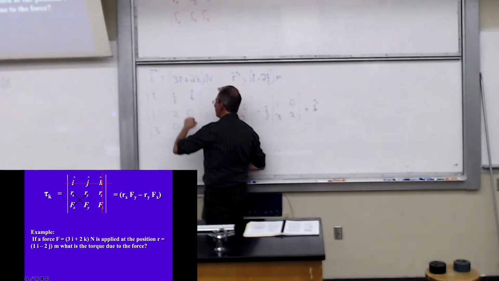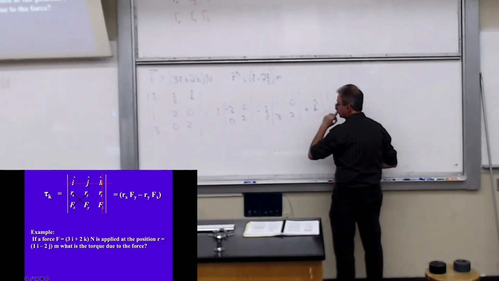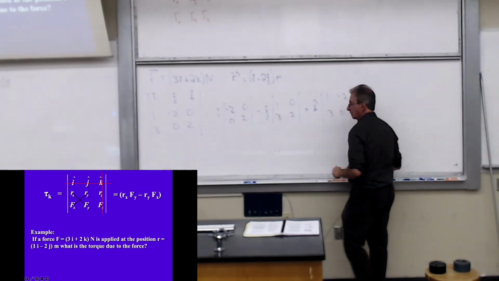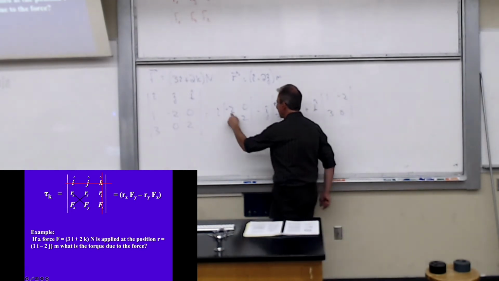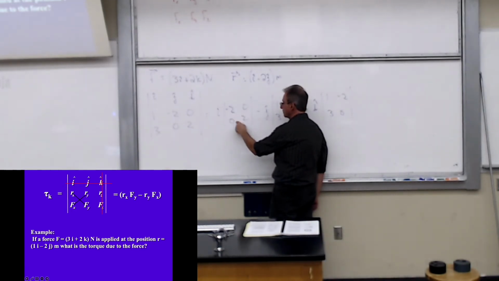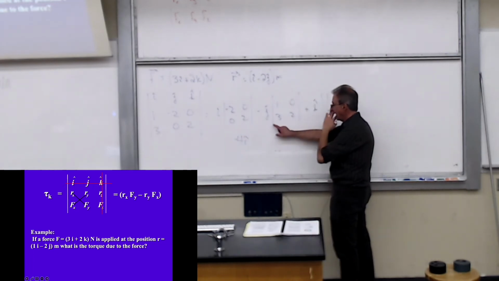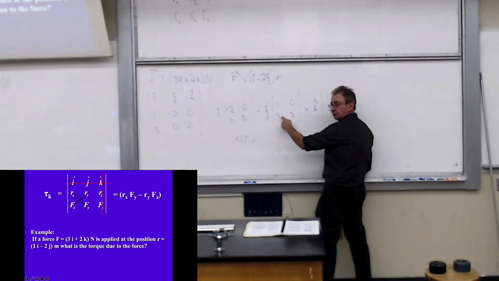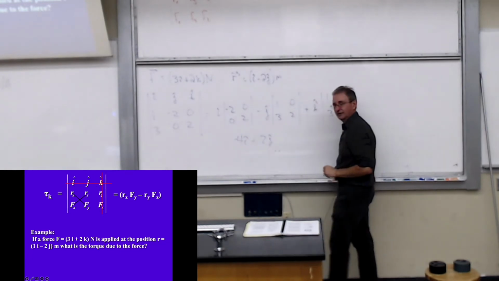Cross out the top row, last column, and we get 1, -2, 3, 0. So the x component is -2 times 2 minus 0 times 0. What's -2 times 2? The j hat term is going to be, I'll put a minus sign there, 1 times 2 minus 3 times 0, which is 2.